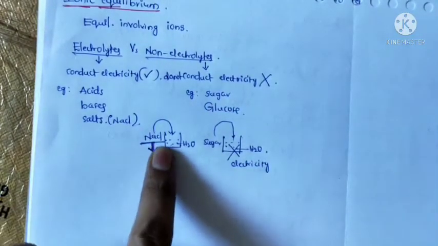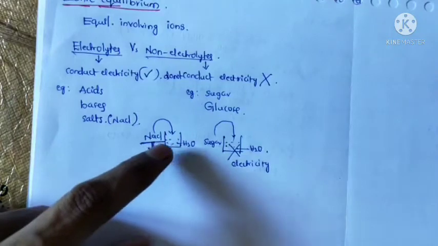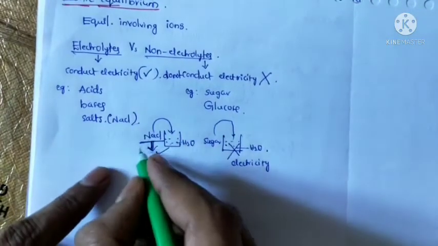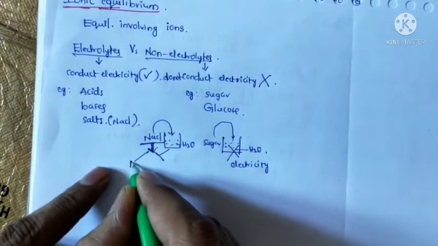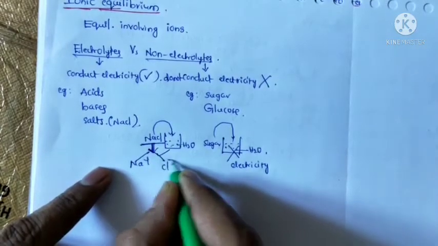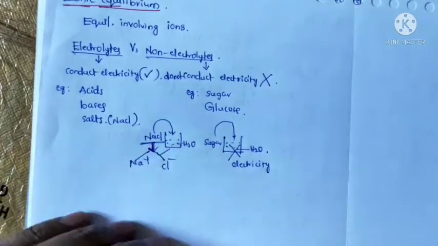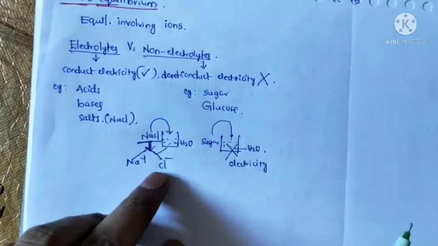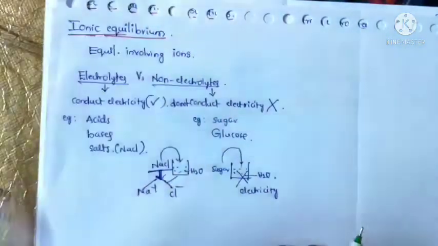Here the conduction of electricity is due to the free ions in NaCl. You will study more information in electrochemistry.